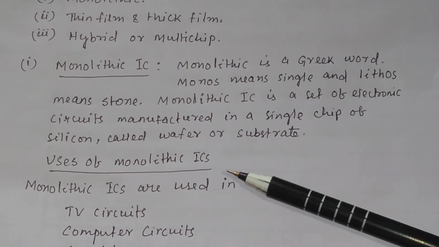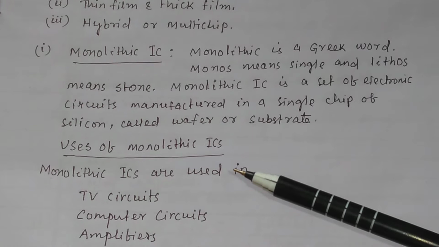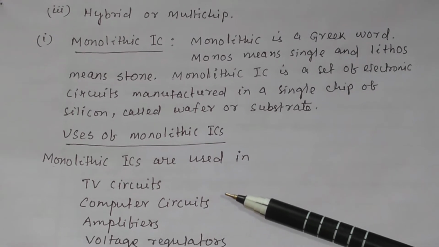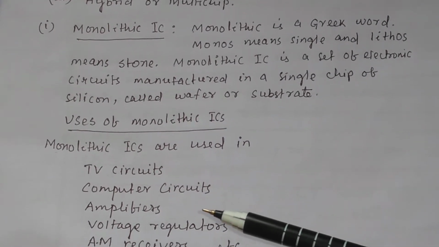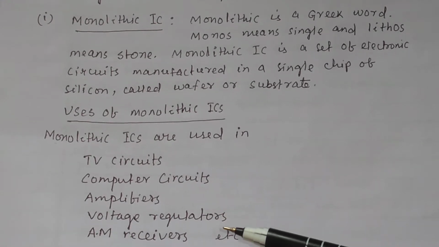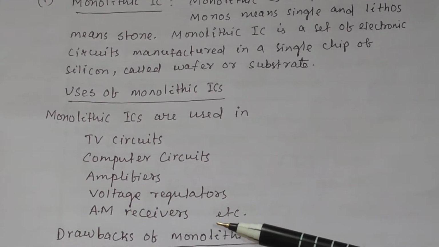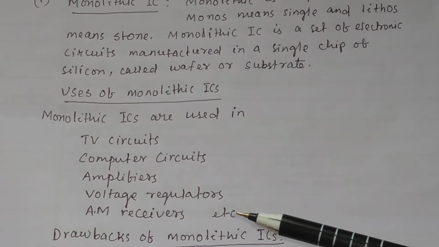Now, what are the uses of monolithic IC? Monolithic ICs are used in TV circuits, computer circuits, amplifier circuits, voltage regulator circuits, and amplitude modulated receivers, etc.